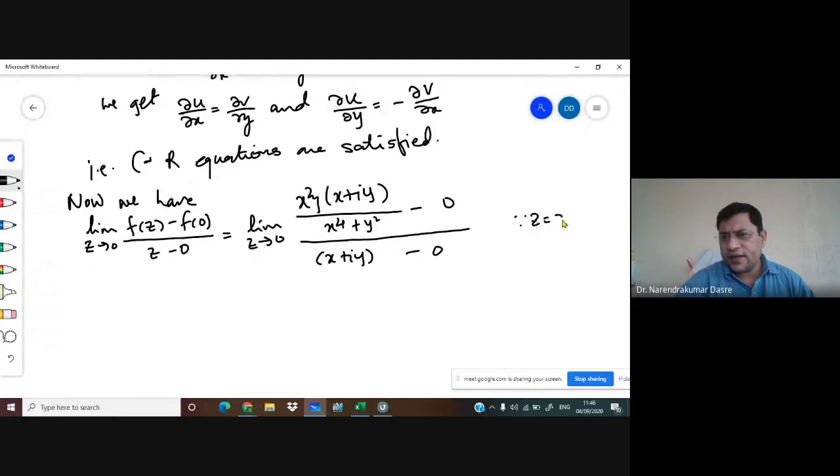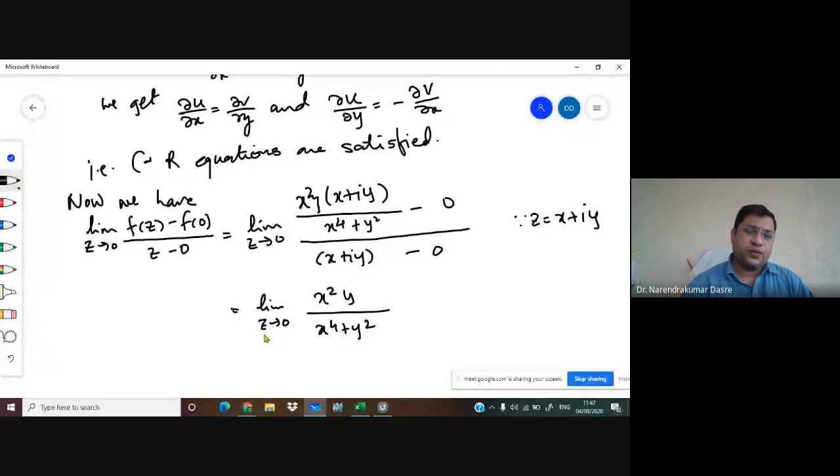Since what we know is z is equal to x plus iy, I have replaced this z in terms of x and y because my function is in terms of x and y. And now what will we be having? Limit z tends to 0. So this term will get cancelled with this term, and hence I'll be having x square y upon x raised to 4 plus y square.